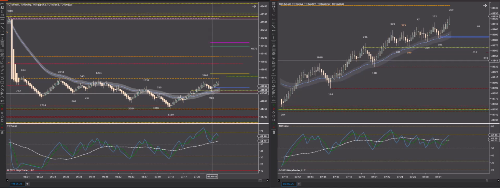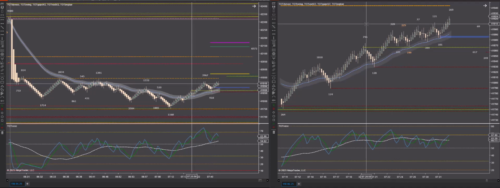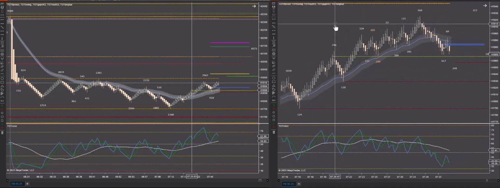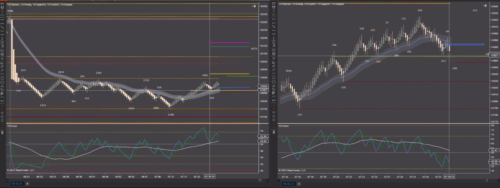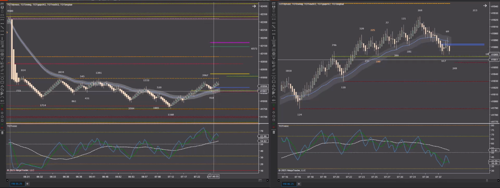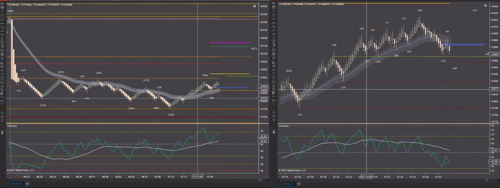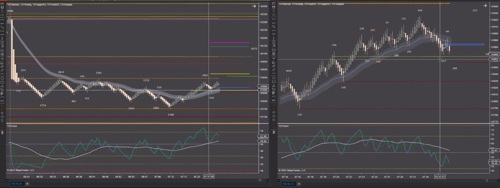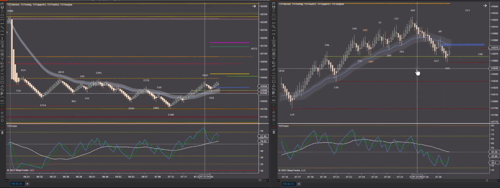It rolled back over, came to the highway and that span again, and you can see that's in the future. So that's up here. So it came back down. This would be another spot to go long, because this is the span, the highway here on the higher time frame, and also you're back to that spot.